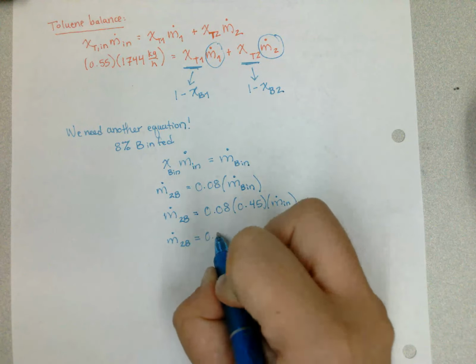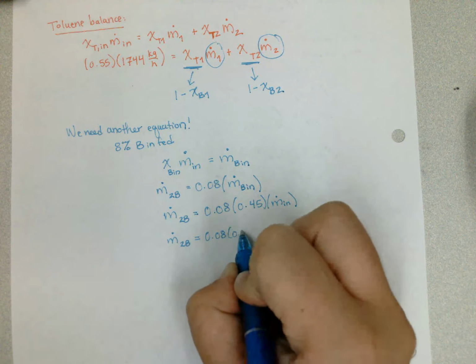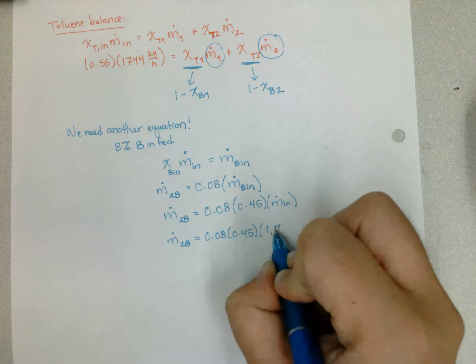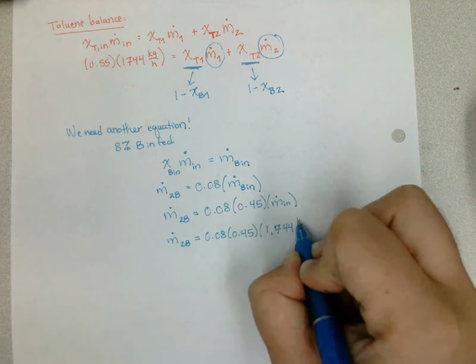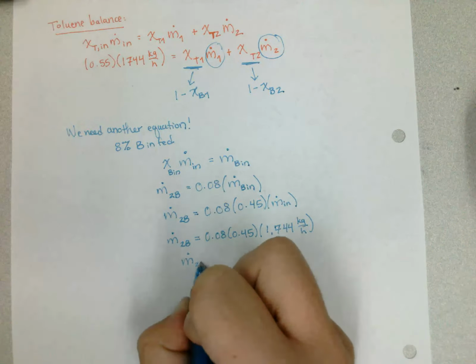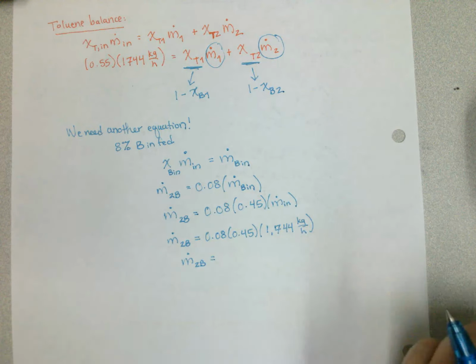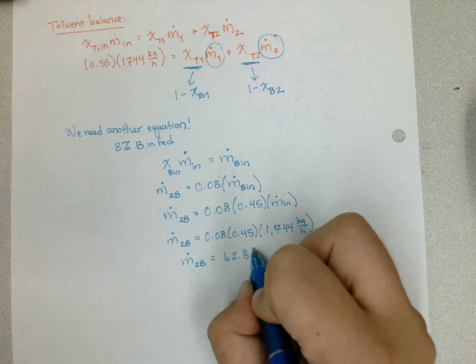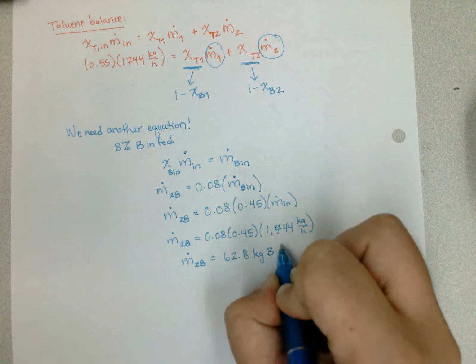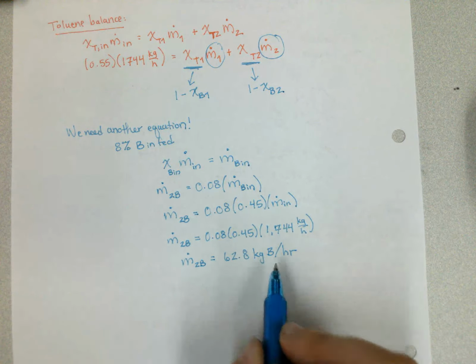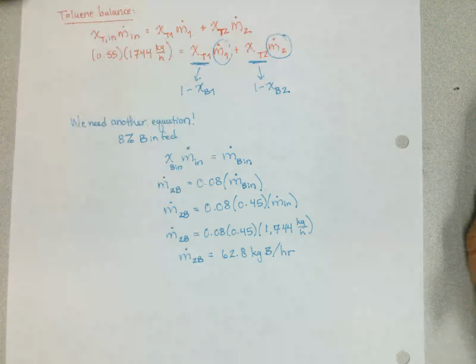And so if we plug that in and we do all of our calculations, same number here, the 1,744 kilograms per hour, we can find that M2B is equal to 62.8 kilograms of benzene per hour. And that's only kilograms of benzene, and that's important to note here.